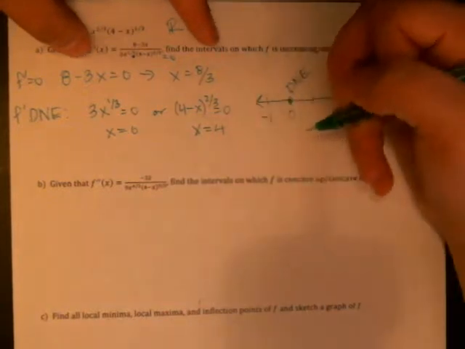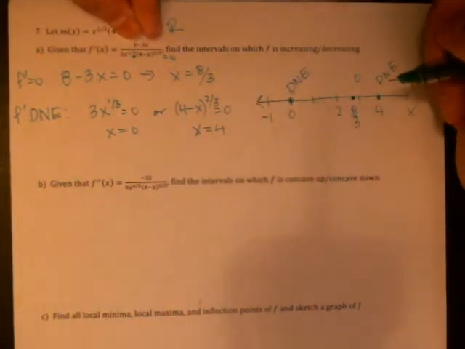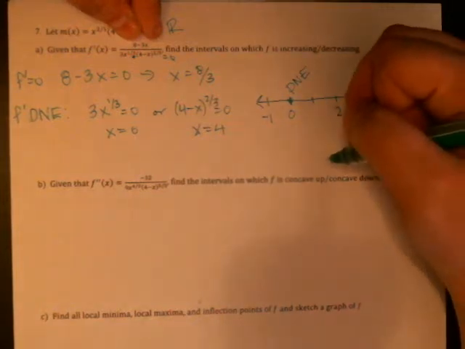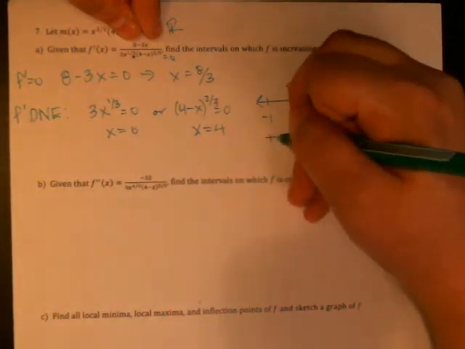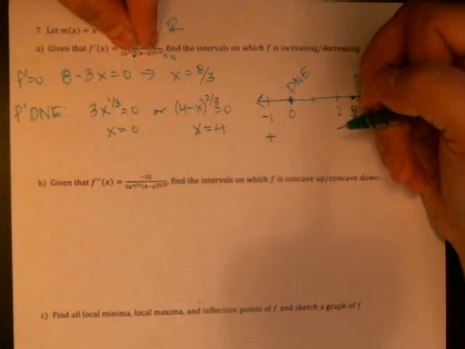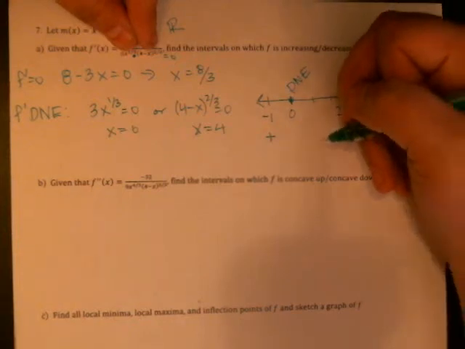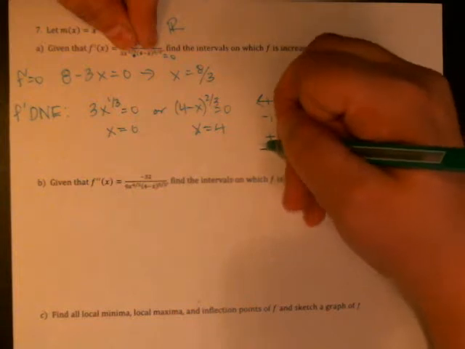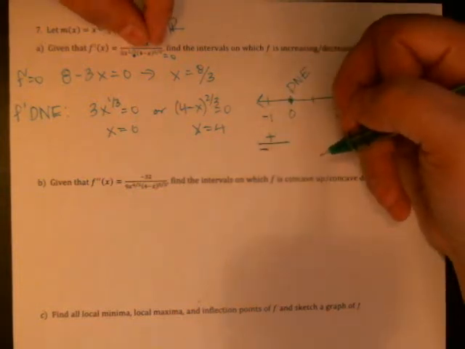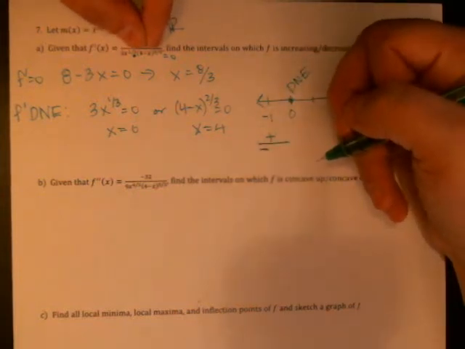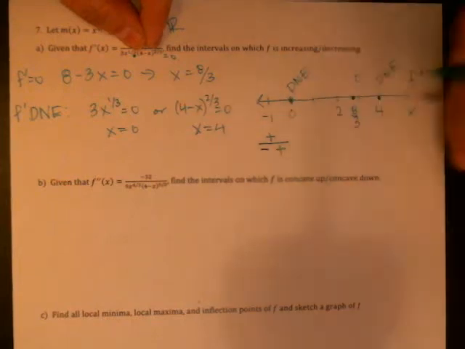So I'm going to try a -1. I get 8 minus 3 times -1, so 8 plus 3 is positive. On the bottom, I have 3 times the cube root of -1. Cube root of -1 is going to be negative. And then I have a 4 minus -1, so 5 to the 2/3, which is going to be positive.